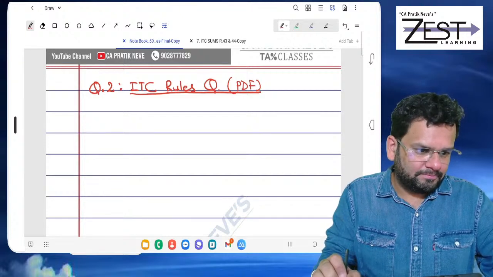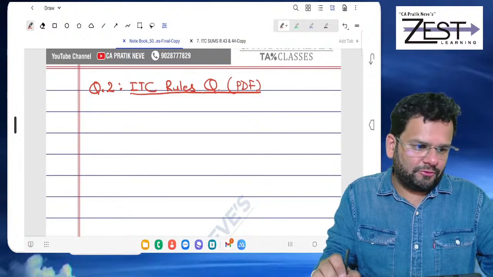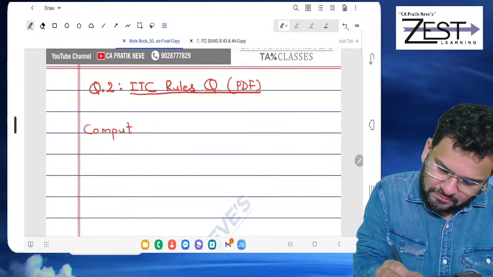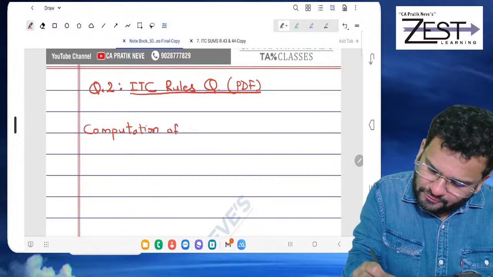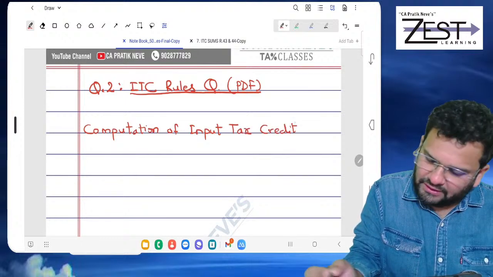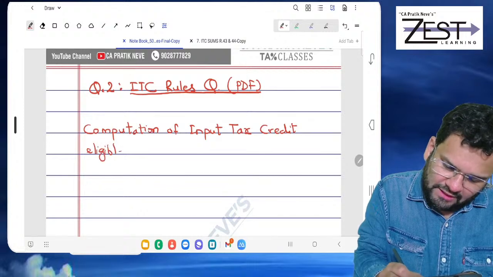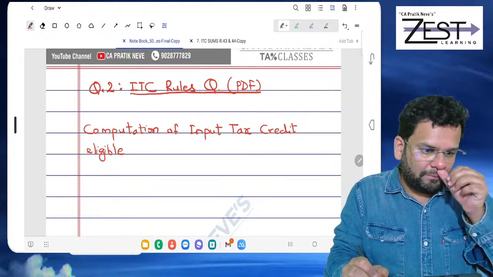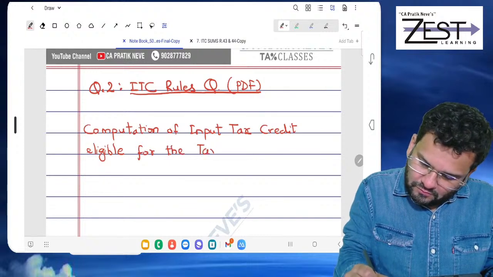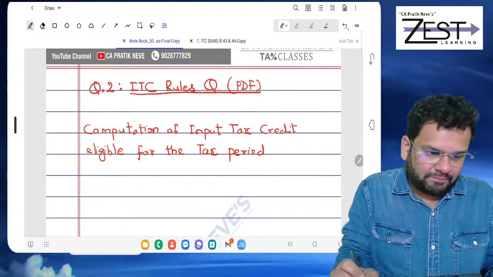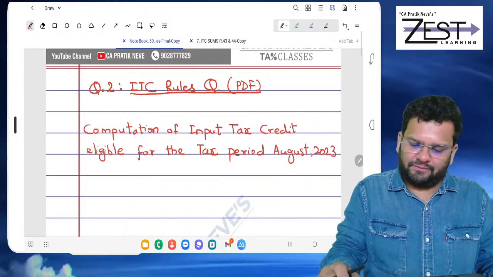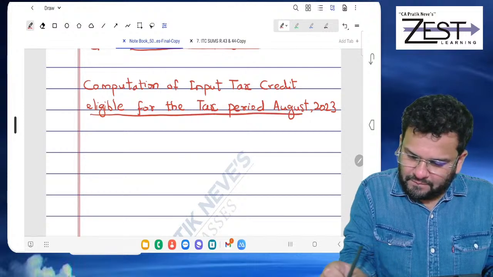Write down: computation of input tax credit eligible for the tax period August, I think 2023, isn't it?